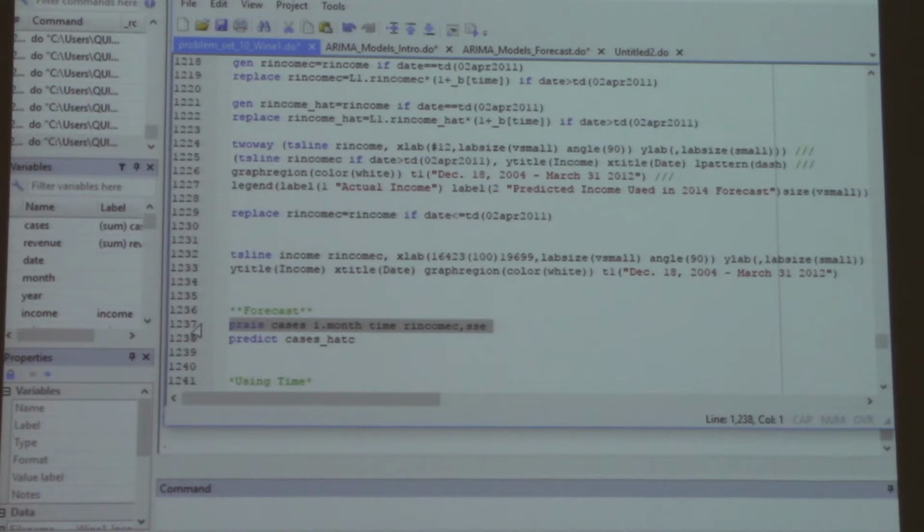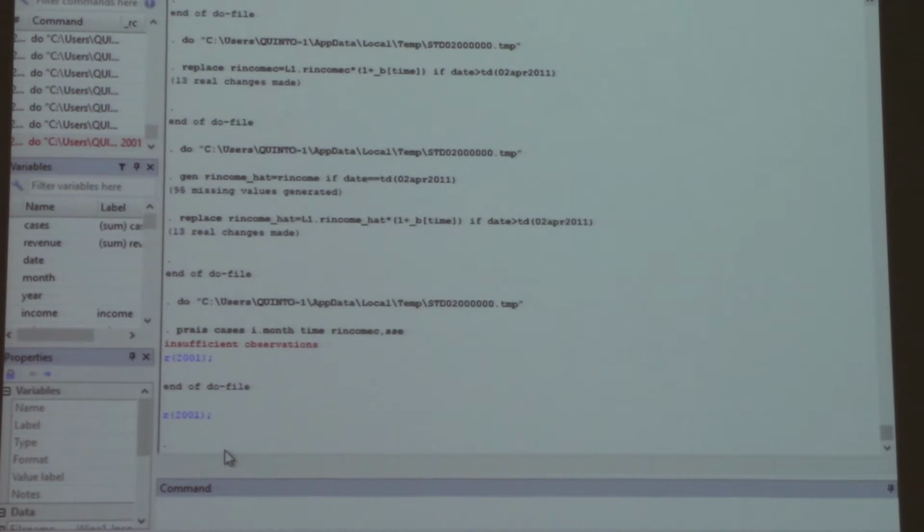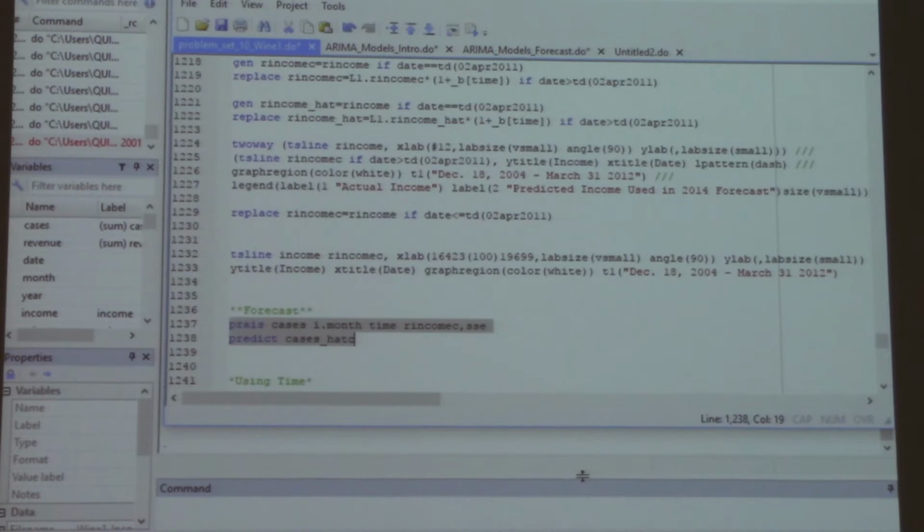Let's see. So here's using the predict command. I don't know why I switched from the predict command to insufficient observations. Oh, because I didn't replace those. So this is what I'm doing here.